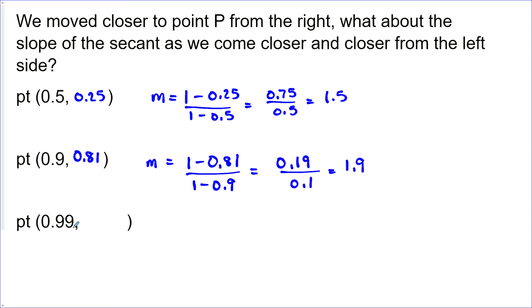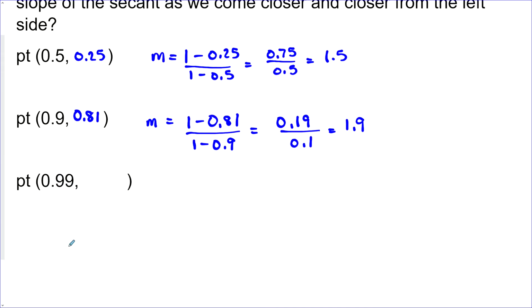Let's see if we can get even closer though with a point 0.99. Now I'll just do a little bit of math here since we're not using a calculator. So 0.99 squared, and that would be 9 times 9, 81. 9 times 9 is 81 again, and then it's just the same thing. And I've got to add those up.